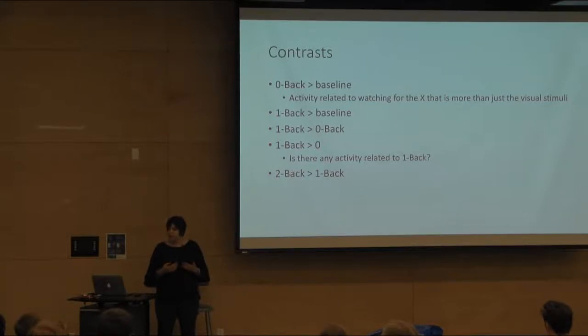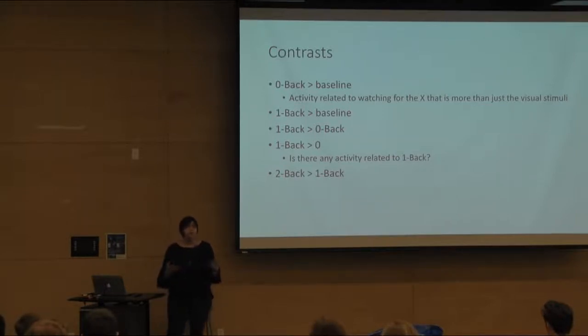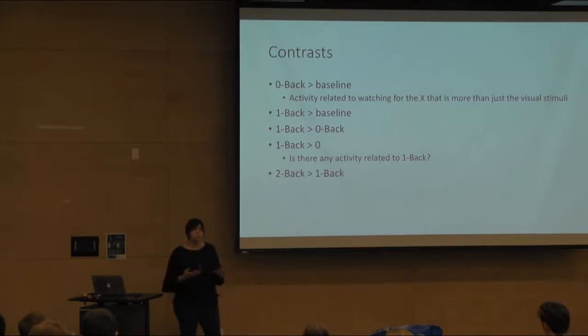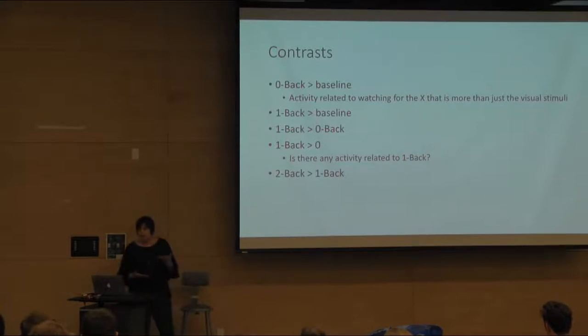If you're looking at the activation for watching the stimuli and pressing a button when you see an X versus some visual fixation condition like seeing a cross on the screen for 30 seconds, what you're measuring is what voxels in the brain are active in this zero-back condition, more significantly so than when there is just a fixation cross. And what you're getting at through that subtraction is the idea that there's activity related to seeing that X and paying attention to it, more than just getting a visual stimulus.